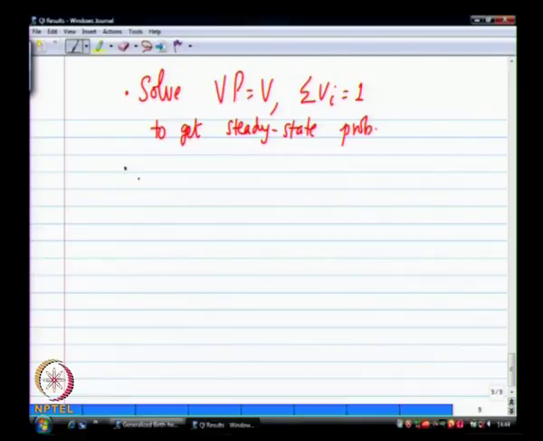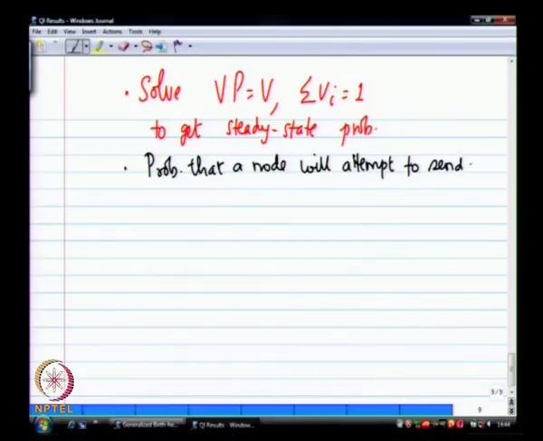Okay, so what is the probability that a node will attempt to send a packet in a slot?